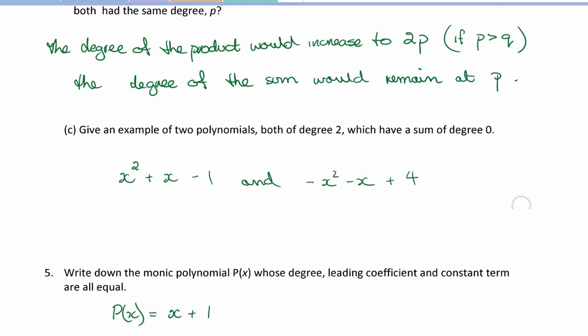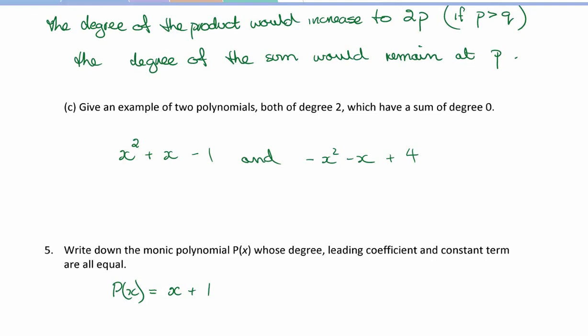An example of 2 polynomials of degree 2, so highest power is 2, and the sum has degree 0. So we sum those two, the x squared terms eliminate, the x terms eliminate, and we just have a constant, which is degree 0.